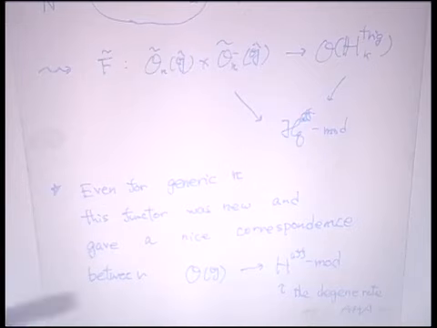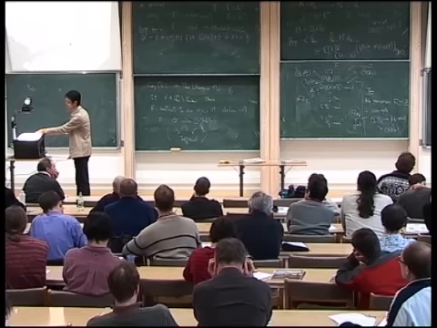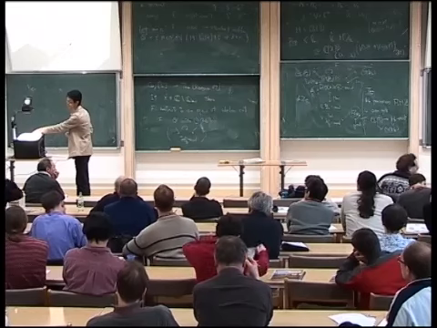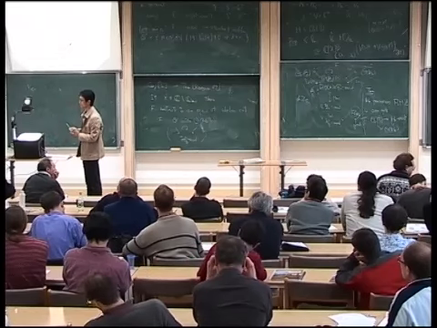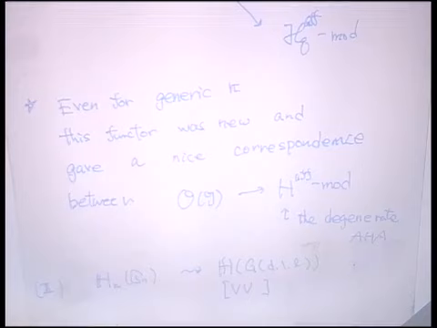So by using this functor, we could show that obtaining the decomposition matrix for G of any rank, and obtaining the decomposition matrix for the affine Hecke algebra of any rank, are completely equivalent problems.